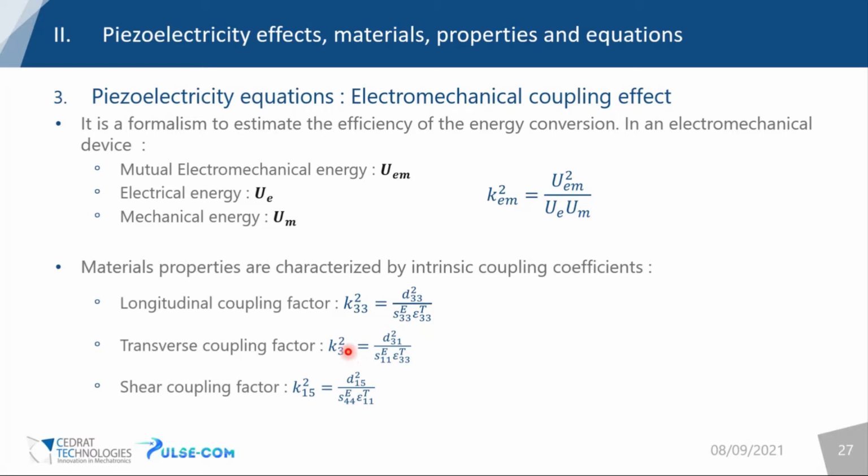So for each mode of deformation, you can write this coupling factor, and you can see that the electromechanical energy is the piezoelectric coefficient. And you can have here the electrical part alone, so the permittivity, and the mechanical compliance for the mechanical part alone.